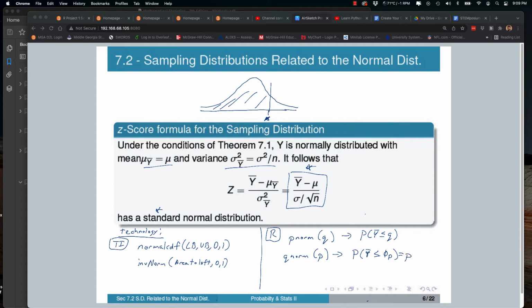So whatever probability p you're given in the problem, you're finding this value here. It gives you the value that y is less than or equal to. Okay. If you have to find the opposite, there are some other tricks you can do, and we'll probably see that pop up at some point during the lecture.